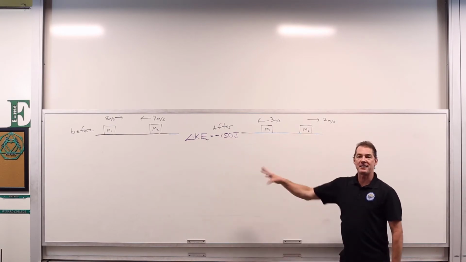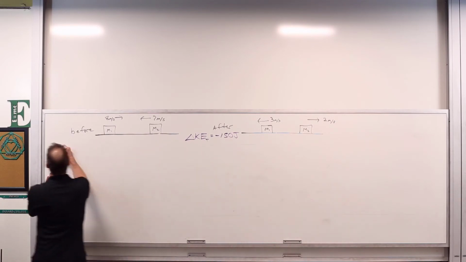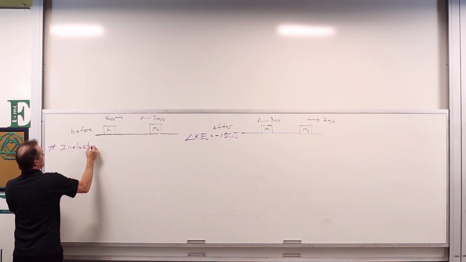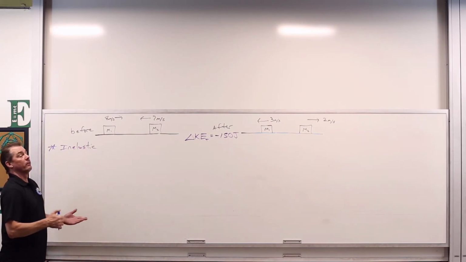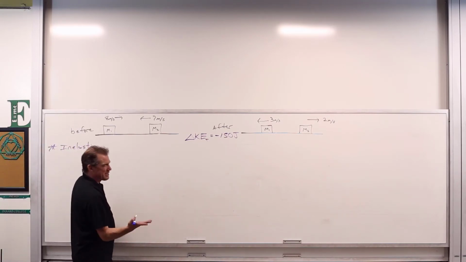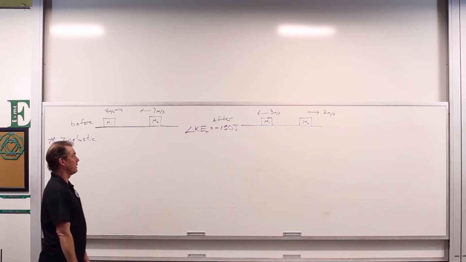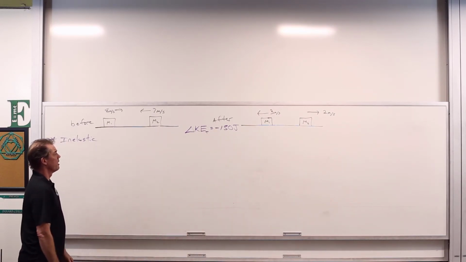The objects are not sticking together. This is an inelastic collision. So what do we have to go with? Well, again, we work under the assumption that this is an isolated system, as it was stated, and we utilize conservation of momentum and the fact that the total change in kinetic energy is equal to this to see if we can figure out what those two masses are.